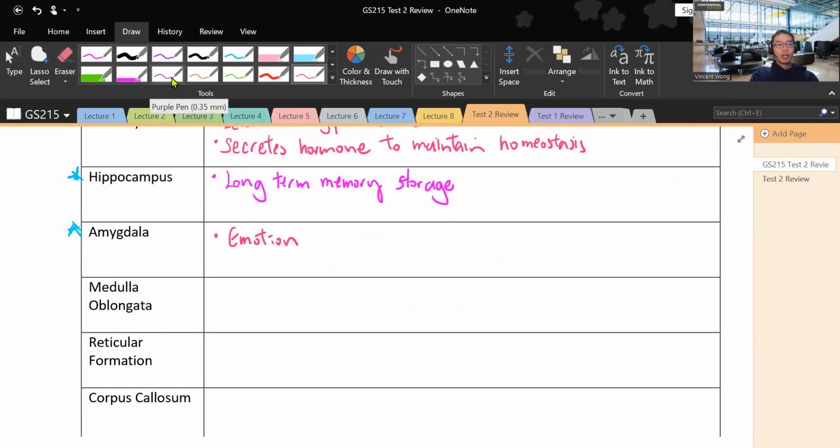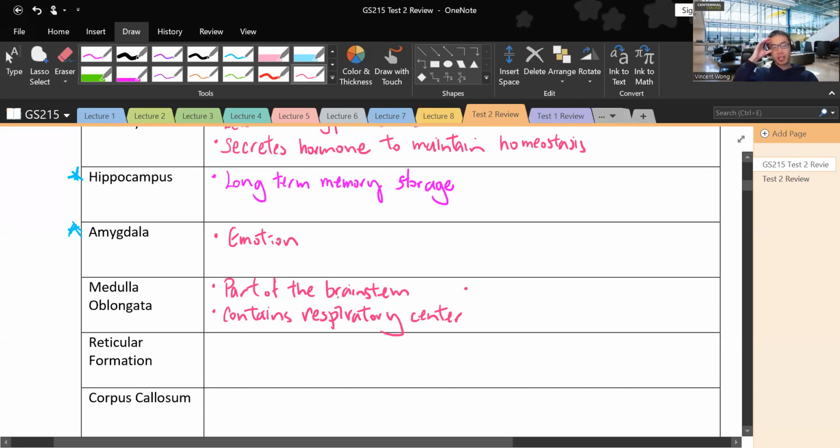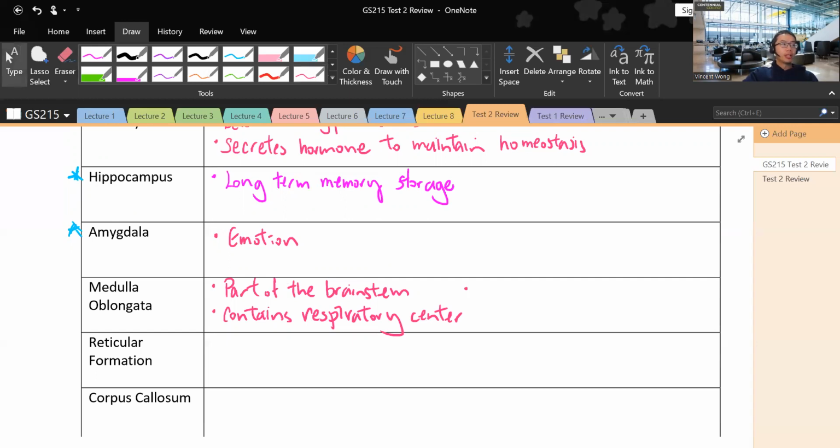Next, we have the medulla oblongata. The medulla oblongata is part of the brainstem. It contains the respiratory center. We learned that way back in lecture 4. That's how you detect the carbon dioxide level and engage in breathing.